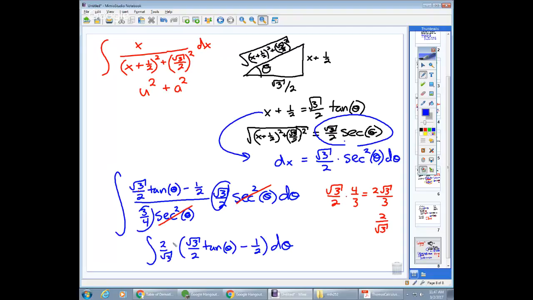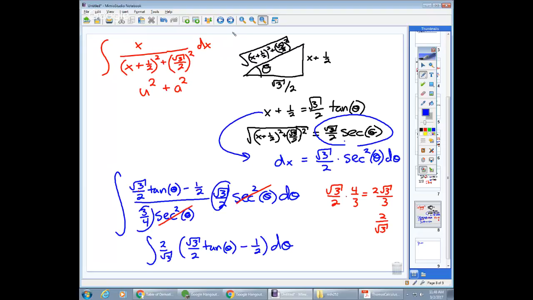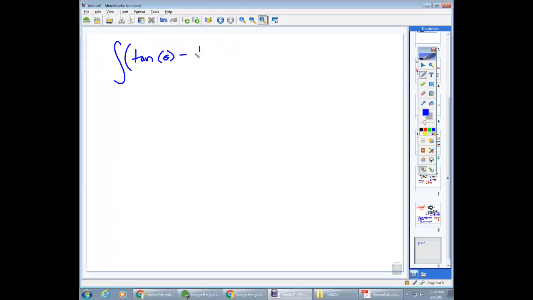And it seems like a good idea to distribute that constant through here instead of pulling it out. So what I think I'm at is the integral of the tangent of theta minus 2 over the square root of 3 times 1/2. The 2's cancel. So that looks like a minus 1 over square root of 3.